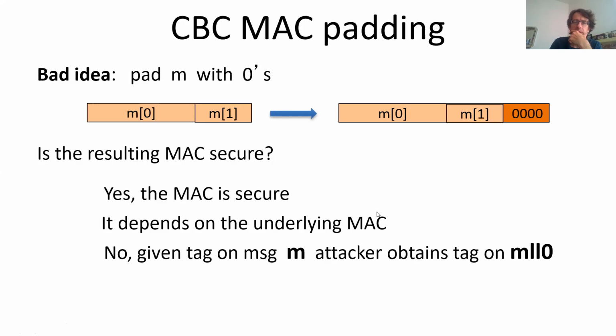So again, the question is, I assumed on previous slides that my messages were always multiples of a block size. Let's say now I want to encrypt arbitrary bit strings, in particular bit strings that don't end at the block size boundary. So what can I do? How about filling up the rest of the block with an all zero string?